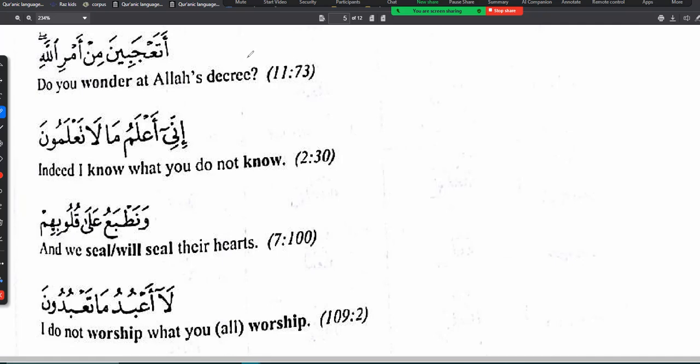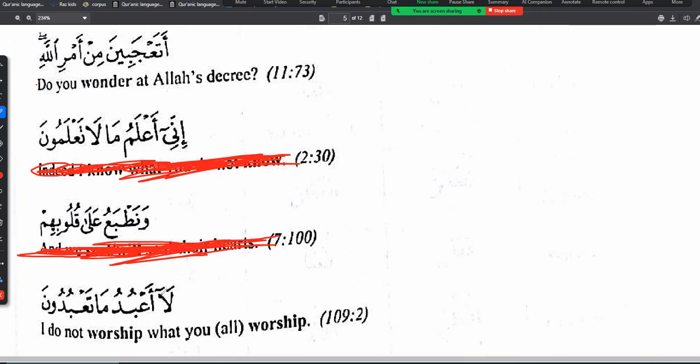Then we have ata'jabina min amrillah. Which is the fi'l mudari in this ayah? Ta'jabina. What is the madi? Ajaba. Very good. Ajaba is like to wonder, right? You say ajib in Urdu as well. So ajaba ya'jabu is the fi'l mudari.